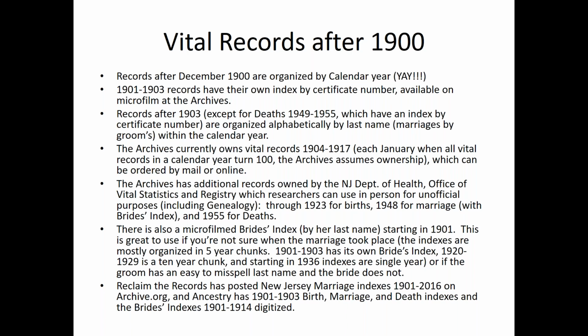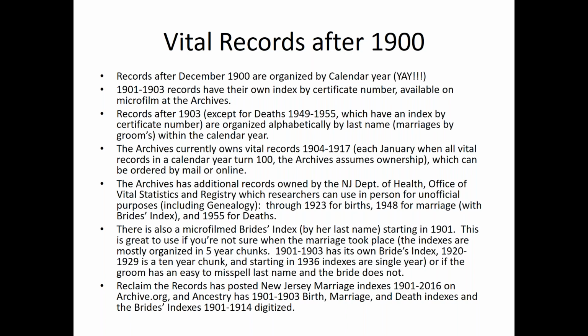The archives has through 1923 on microfilm for births, 1948 for marriages with a bride's index, and 1955 for deaths. Again, if you call the archives and you say, oh, I'm in California, I really need this 1922 birth for my grandma Mary, the archives will not be able to help you. You must go in person in order to use these records.